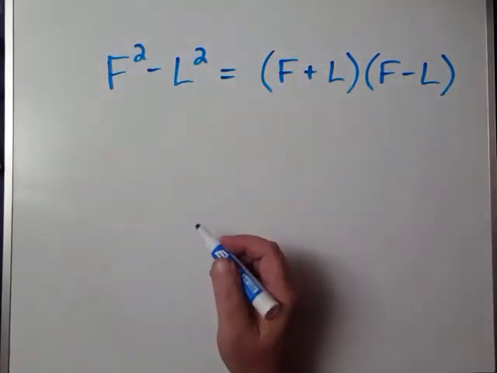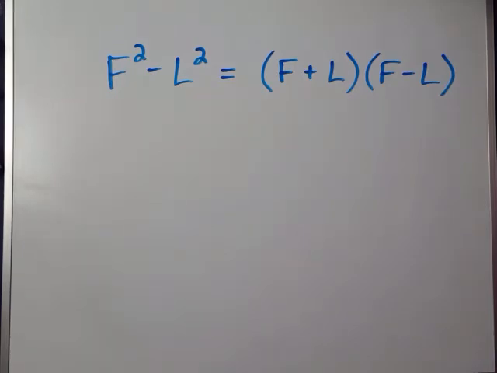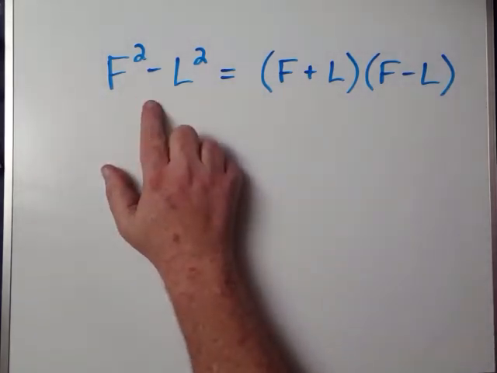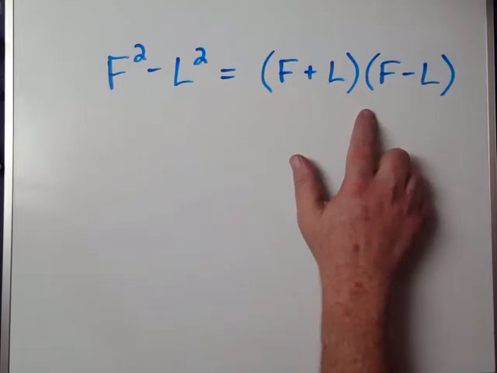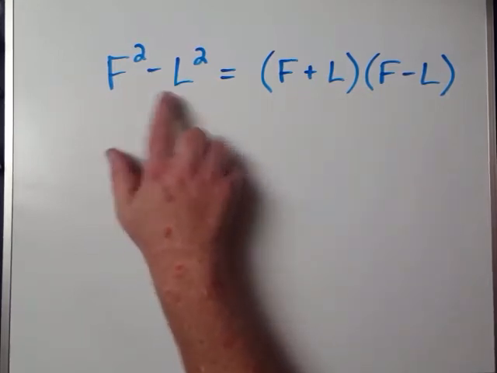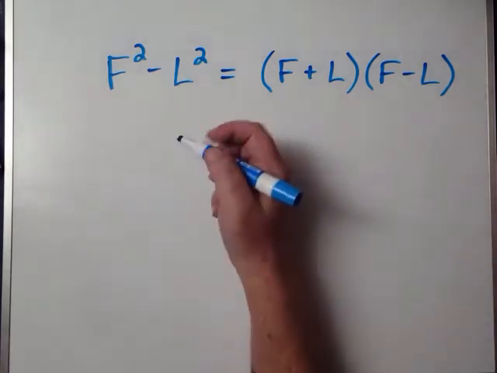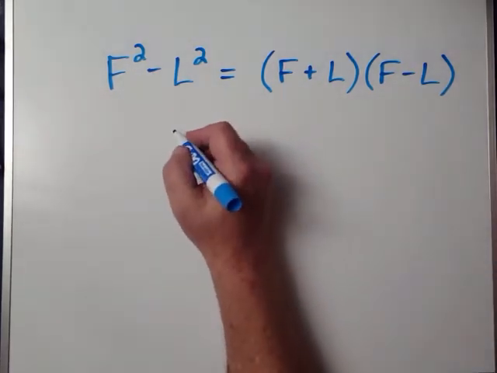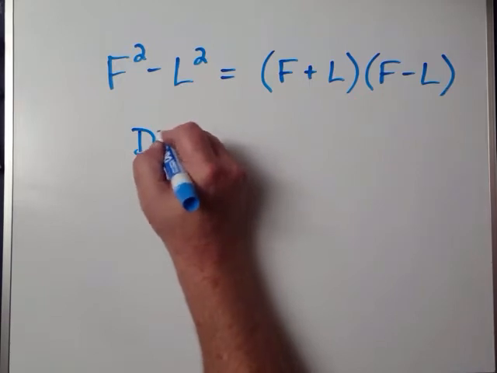Now we're going to turn that around. And we're going to say if we see something that looks like this, then that must be how it factors. If we see what? A difference of squares. So the first special factoring we're going to look at is a difference of squares.